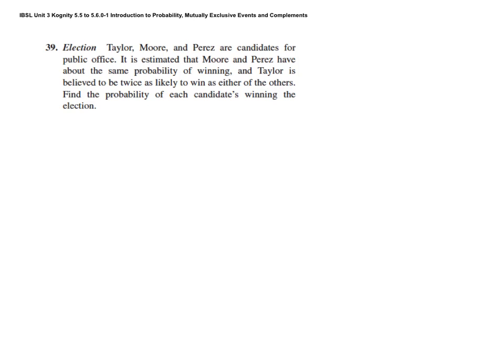All right. So if the probability of Moore equals the probability of Perez, and the probability of Taylor is 2 times the probability of either of the others, what are all those going to add up to?